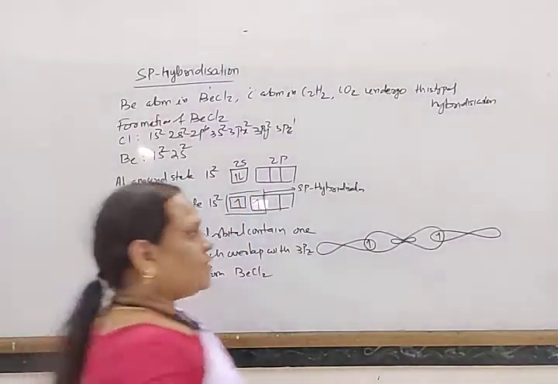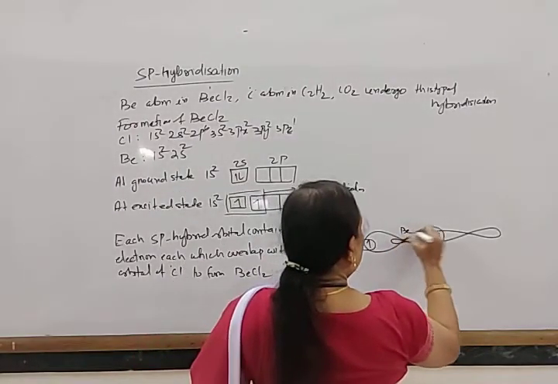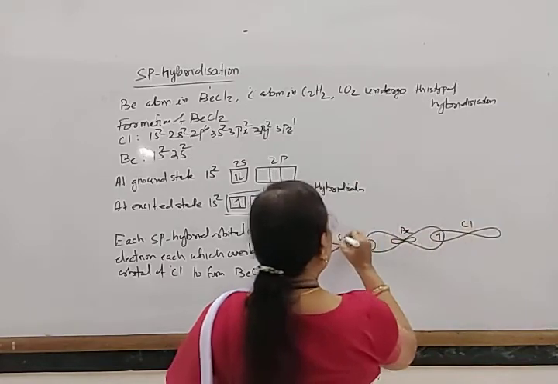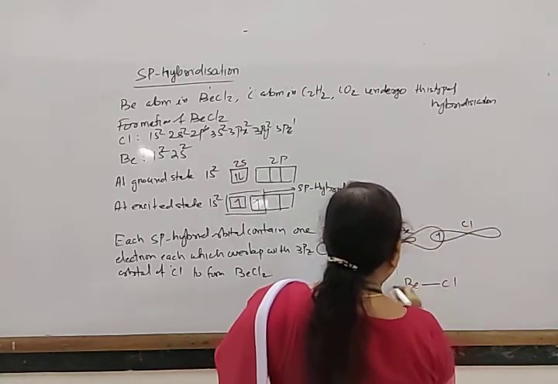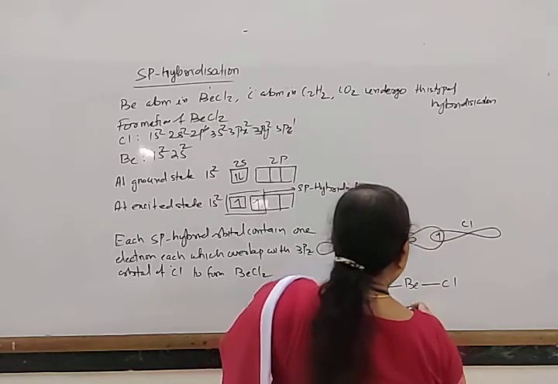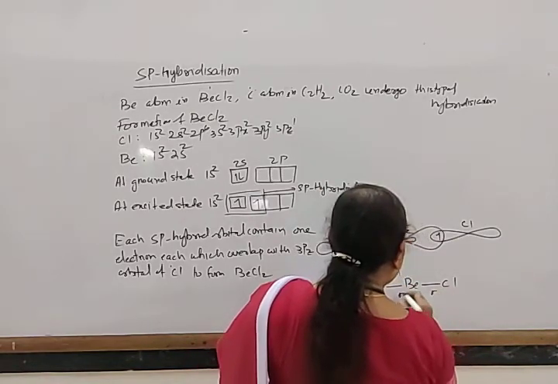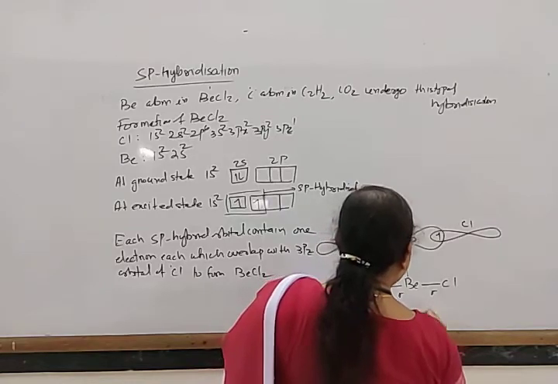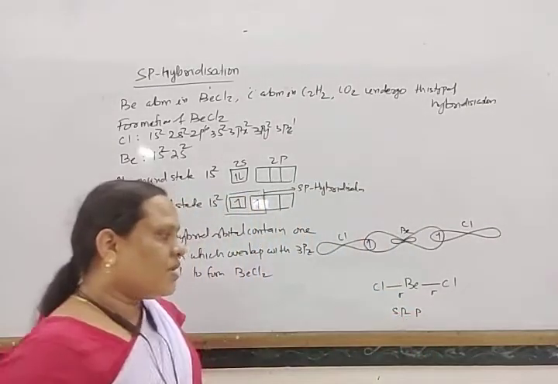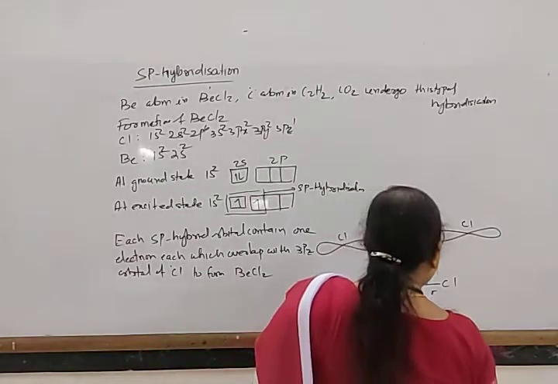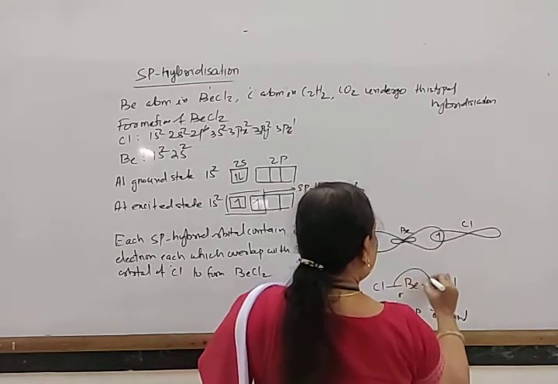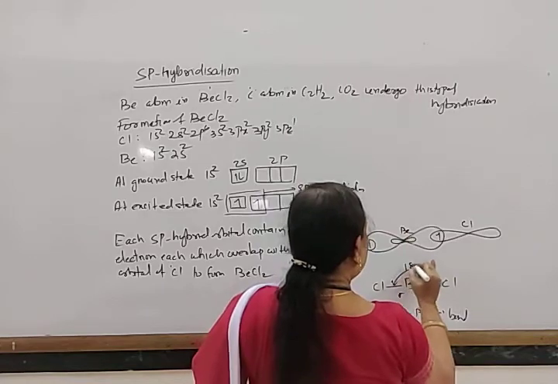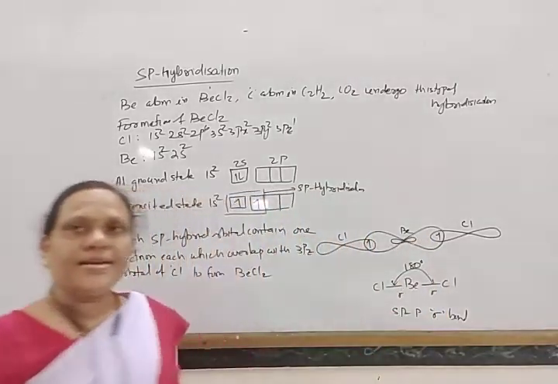So this is the beryllium atom, and these are chlorine atoms. The bond is a sigma bond, an sp-p sigma bond. And what is the bond angle between them? The bond angle is 180 degrees.